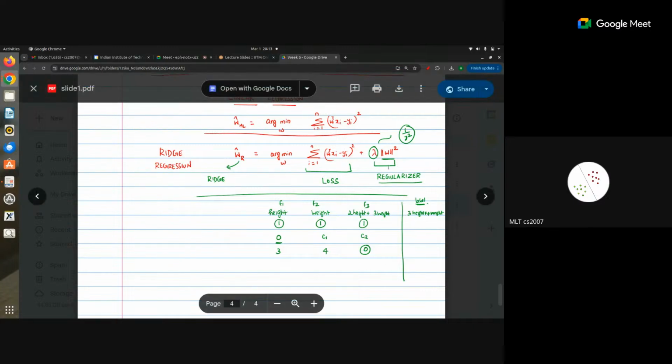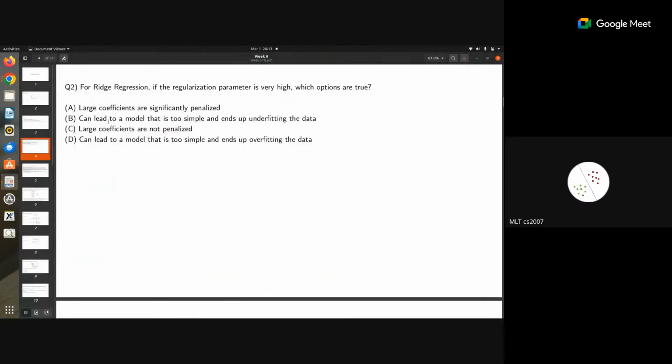So in other words, what happens in this case? Which are the coefficients here? W's are the coefficients. If your W's are higher and your regularization parameter is also higher, what does it do? Regularization parameter means only lambda.